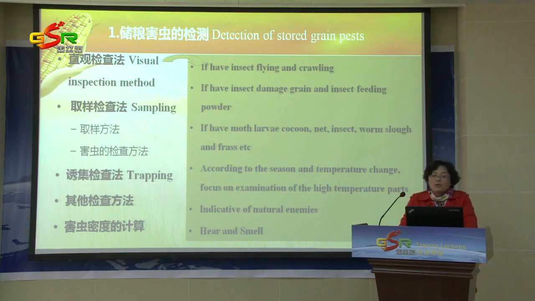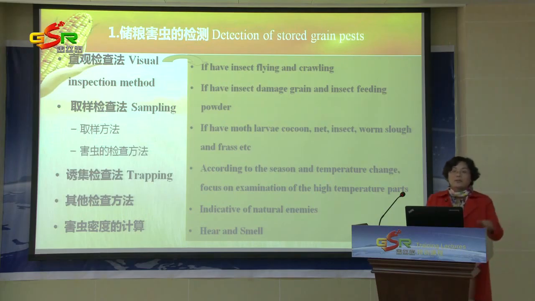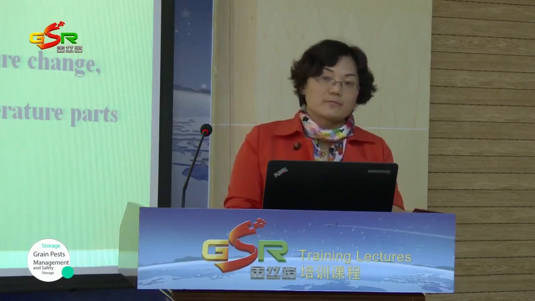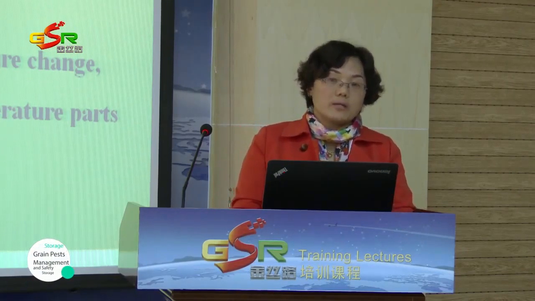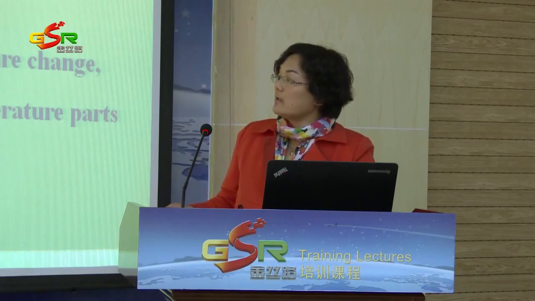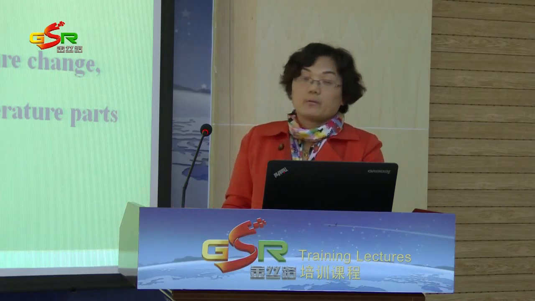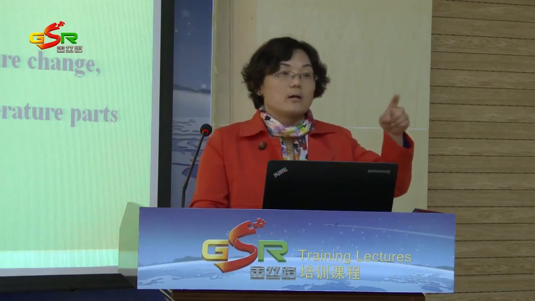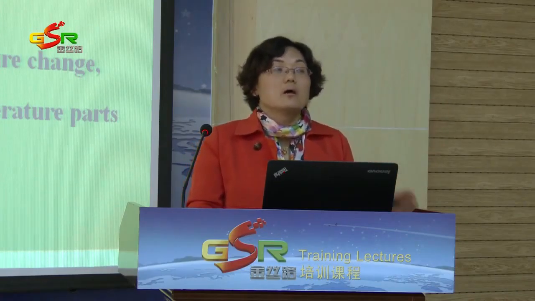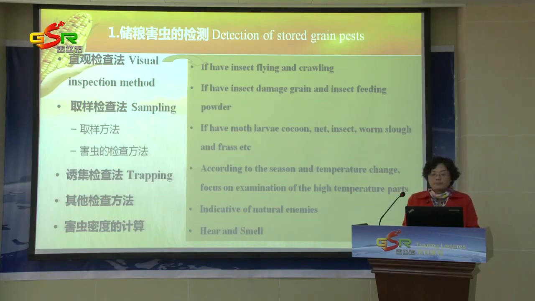Sometimes we can, according to the sensor and temperature change, focus on the examination of high temperature spots. It means if the green has a high temperature, there must be mold or insect damage. Another effect is we can use indicators like the natural enemy.